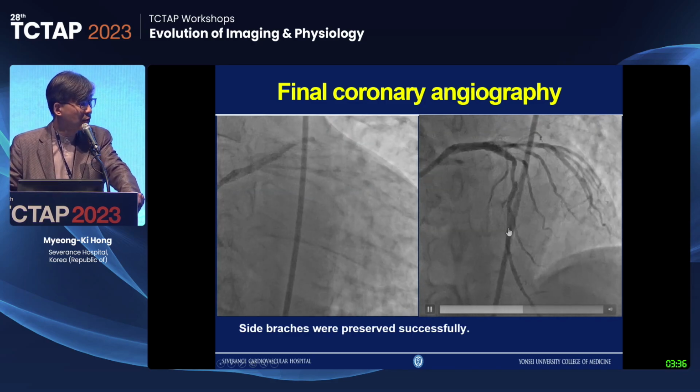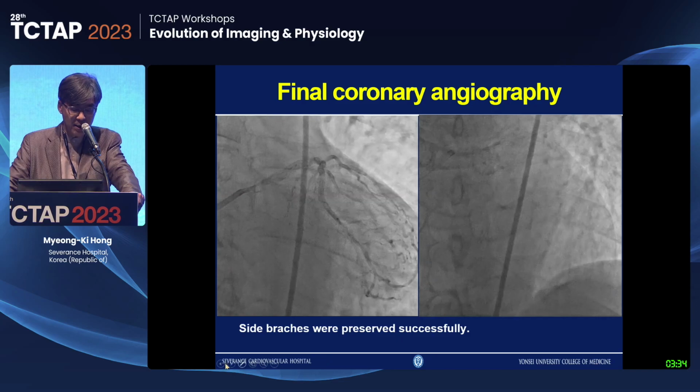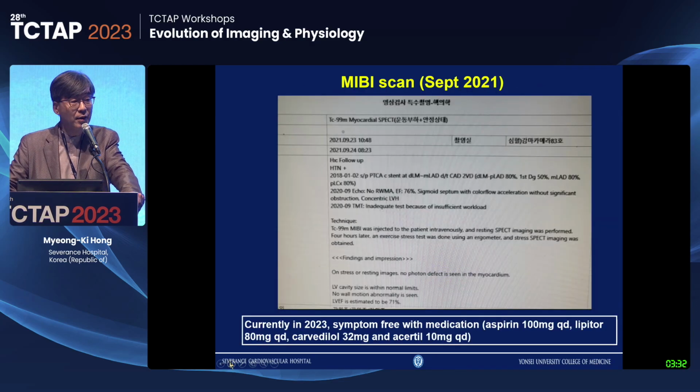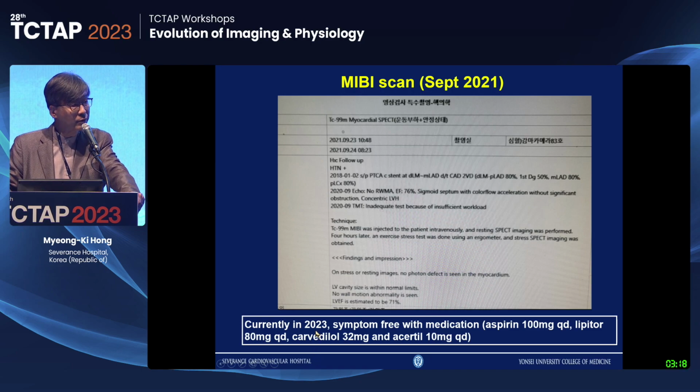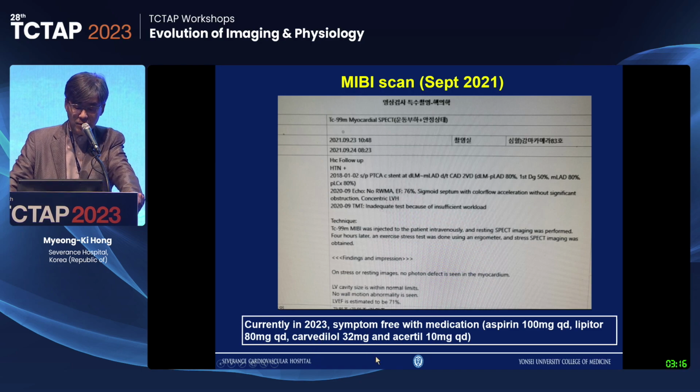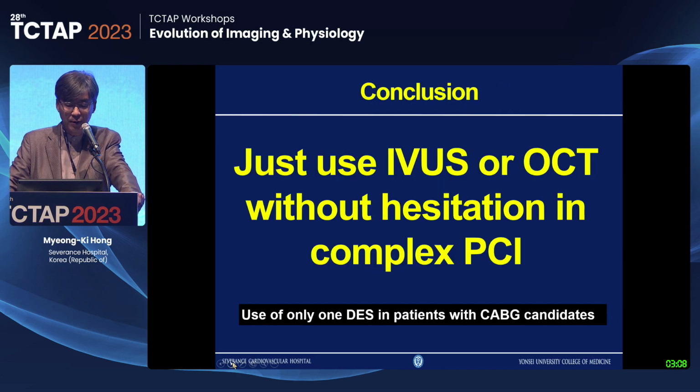Actually, this case was done in 2018. And this is the objective study 3 years later. Fortunately, the MIBI scan shows no reversible defect in the myocardium. And currently, in 2023, the patient is still symptom-free with medication, with aspirin, Lipitor, carvedilol, and acetyl.